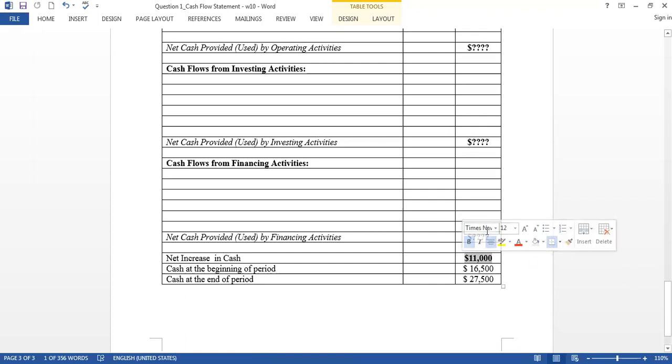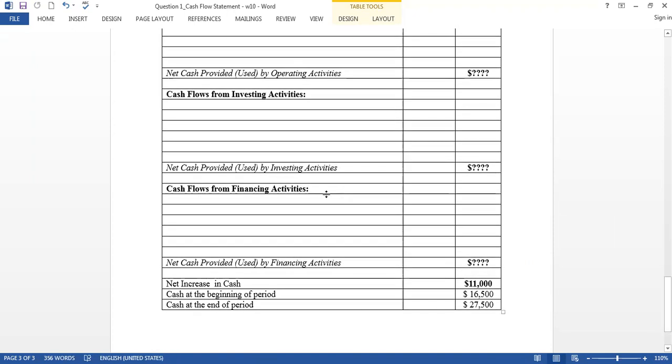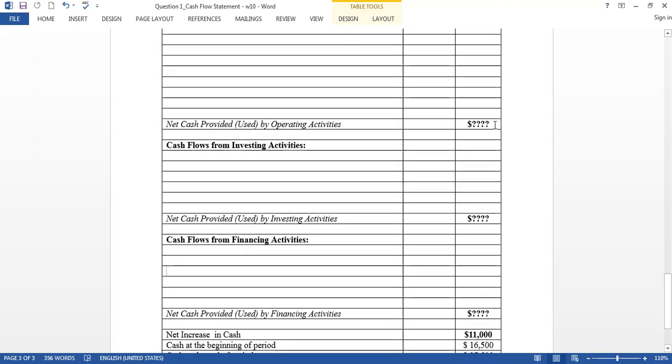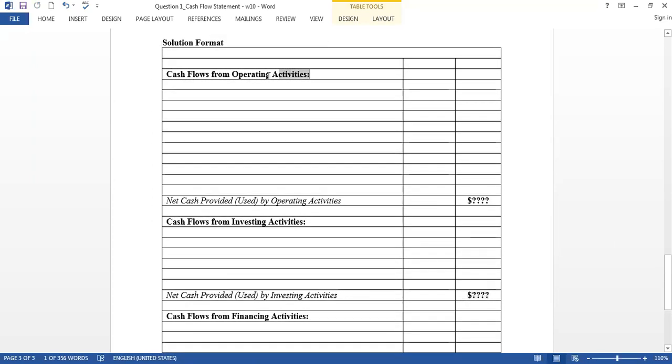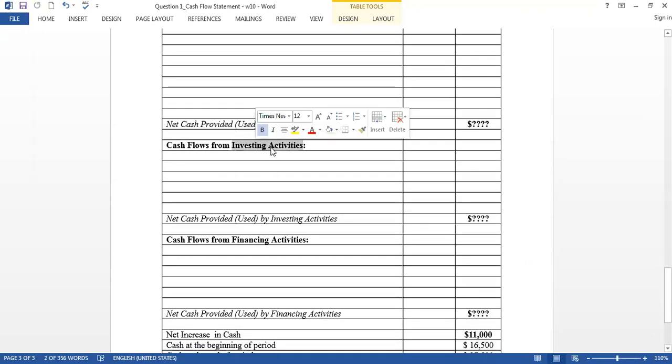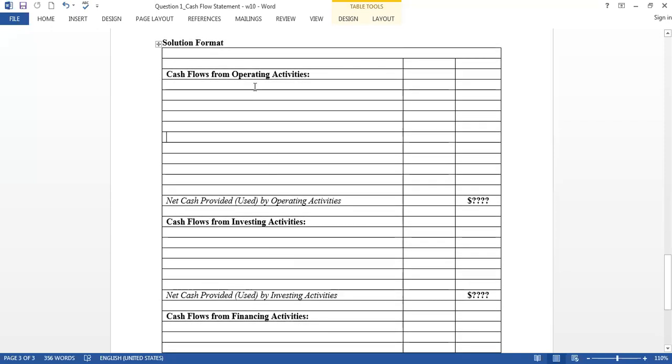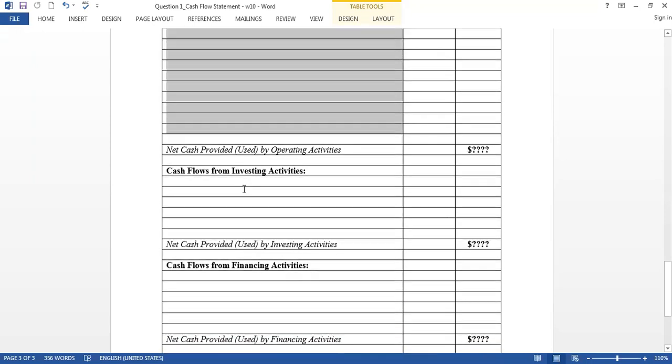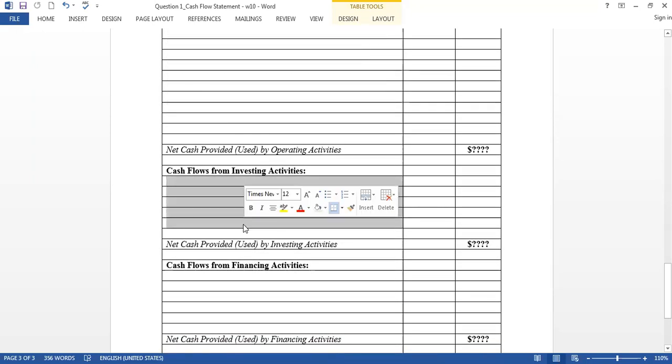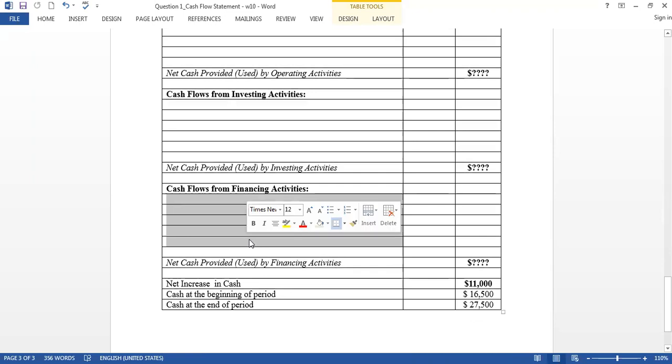Okay, but I told you that when we calculate these numbers, we cannot transfer operating activities to investing activities, investing to operating, financing to investing, investing to financing. We should find out the exact information about who belongs to operating, who belongs to investing, and who are the financing.